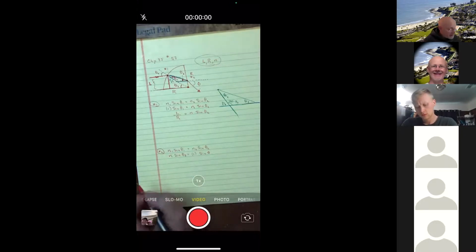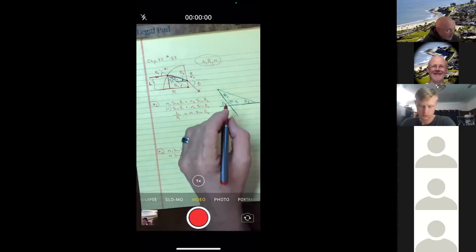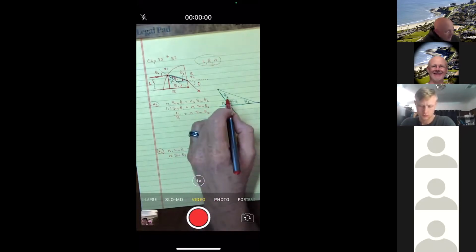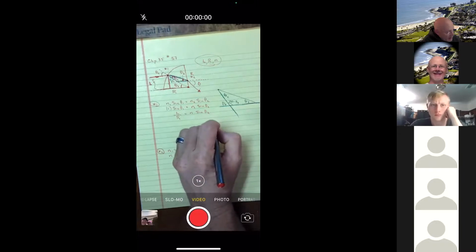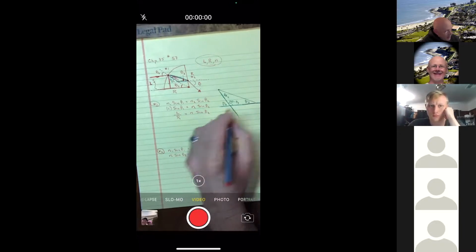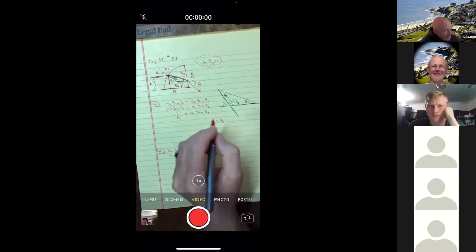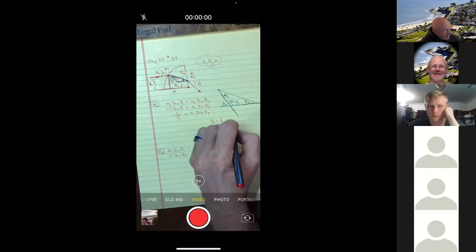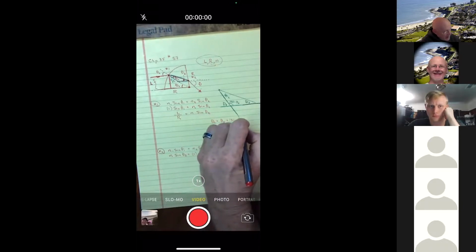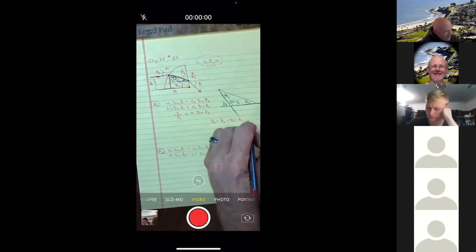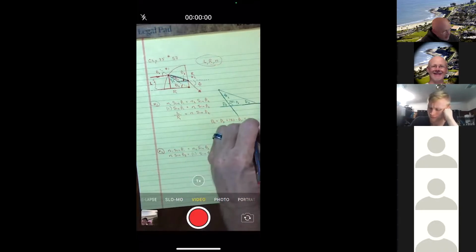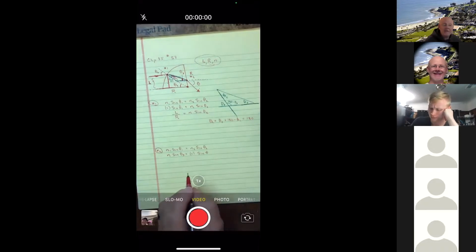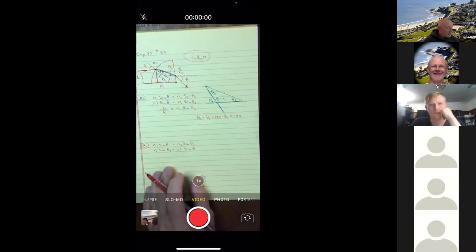Now, I don't know if that's going to help me too much, but I want to try that first. So these three angles, theta 2 plus theta 3 plus 180 minus theta 1 equals the three sides of a triangle, which equals 180.